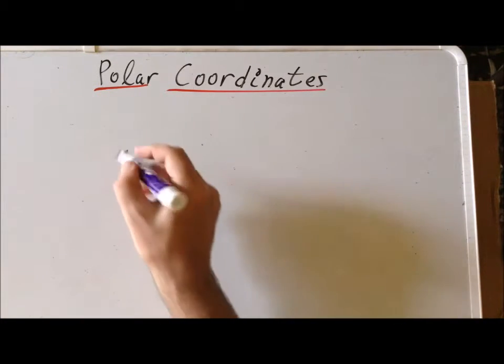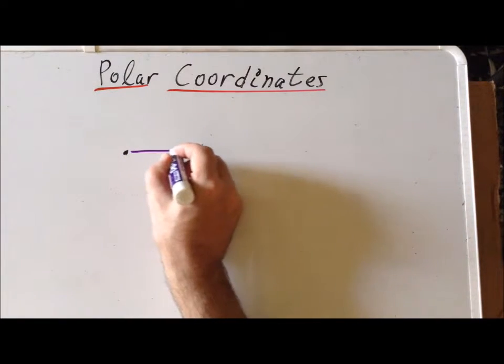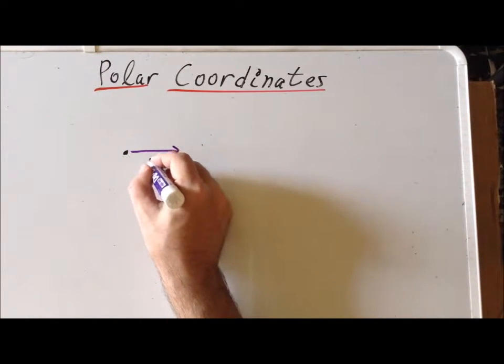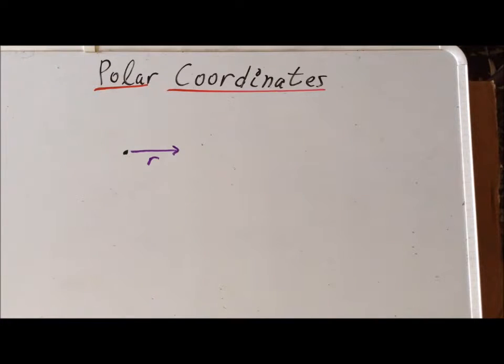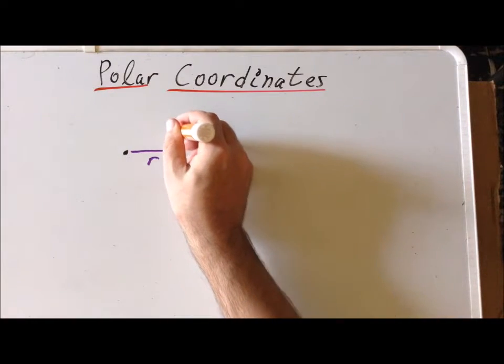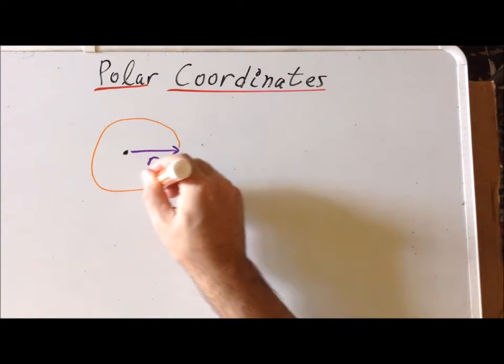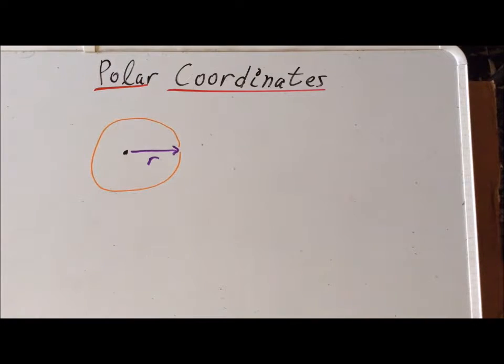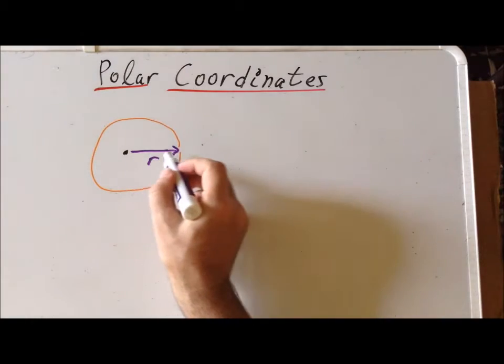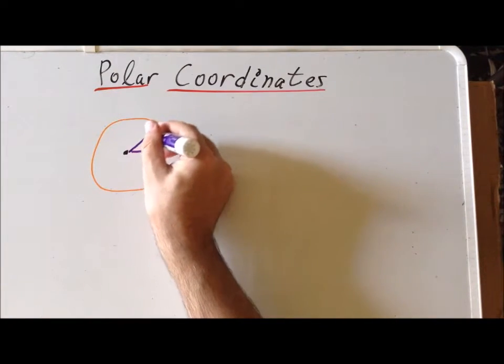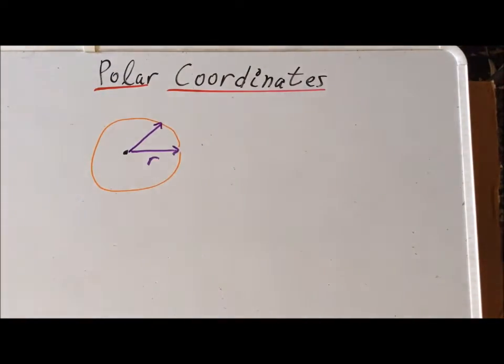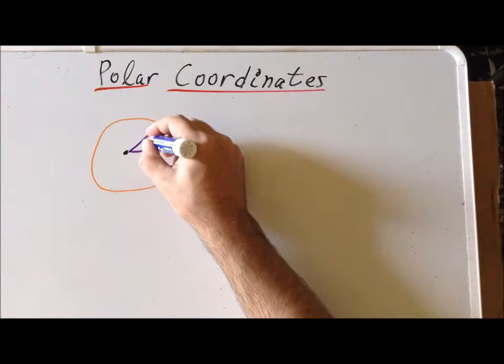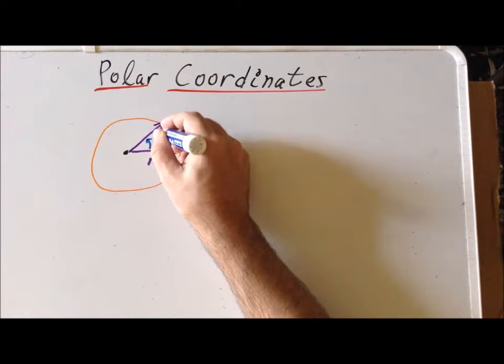The first coordinate is a certain distance from the origin, a distance r. And we note that this distance r defines a circle centered at the origin, a circle with a radius of r. Next, we imagine that this particular vector is rotated a particular angle, phi, in this direction, counterclockwise.